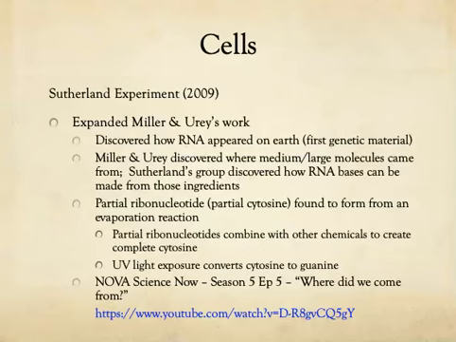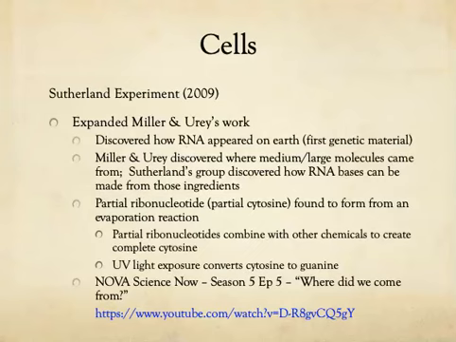Now, lots of other work has come into play since the time of Miller and Urey's famous experiment, but just recently, another experiment was published that added to our understanding of where cellular life came from on our planet. This experiment is referred to now as the Sutherland experiment.